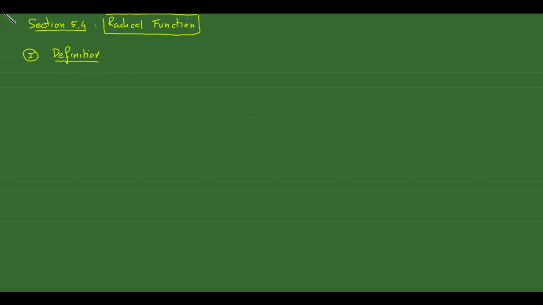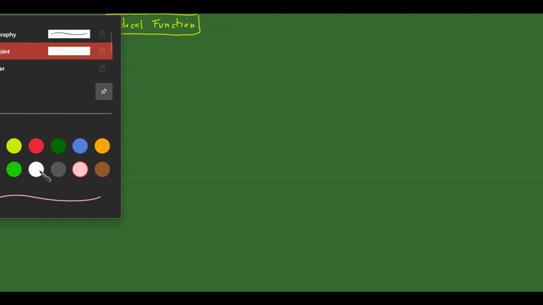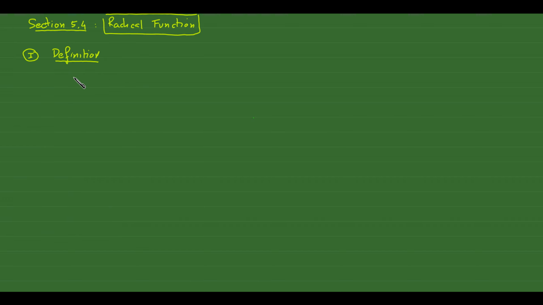As you know, any function is notated with f of x. So a radical function, of course, also starts with f of x equal to the nth root of x.